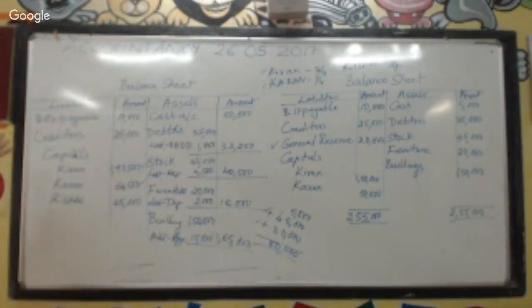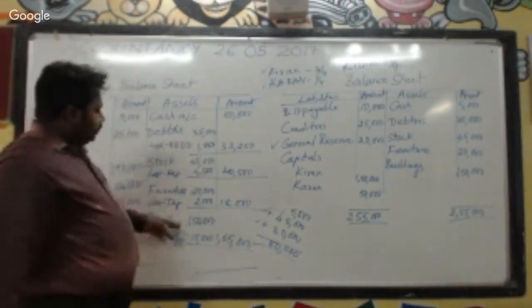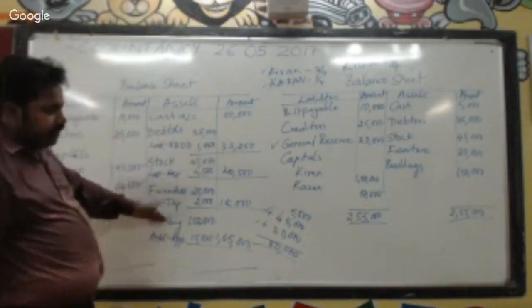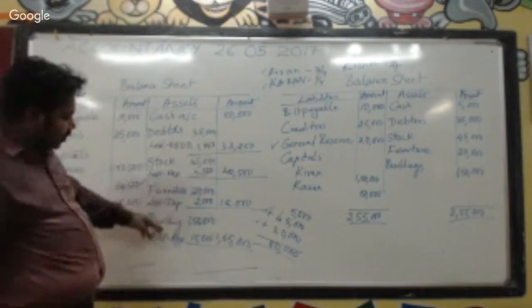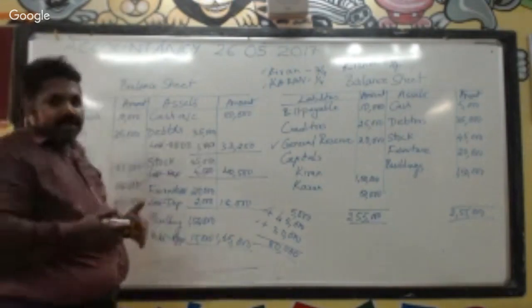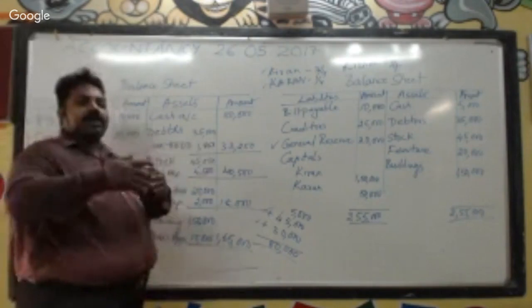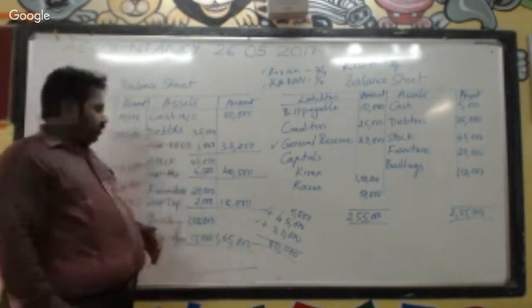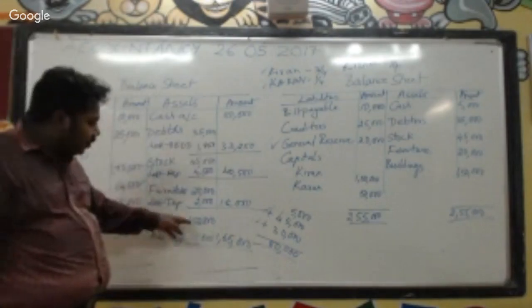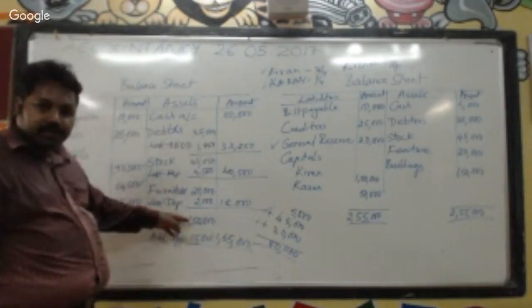See here, after completing the furniture, he has given buildings 1,50,000. In the question, he has given that the buildings have been appreciated. That means the building's value has been increased. How much has it been increased? 15,000. Previously, how much was it? 1,50,000.